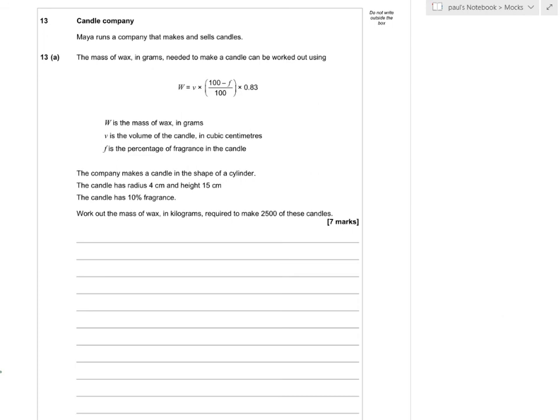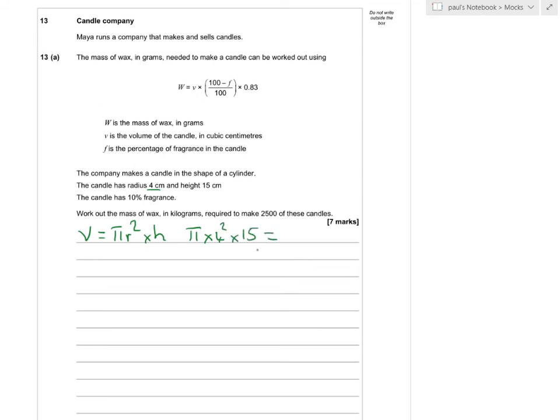So we've got to work out the volume of the candle, which is a cylinder. So the volume is pi r squared times the height, which is pi times the radius of 4, squared, times the height of 15.